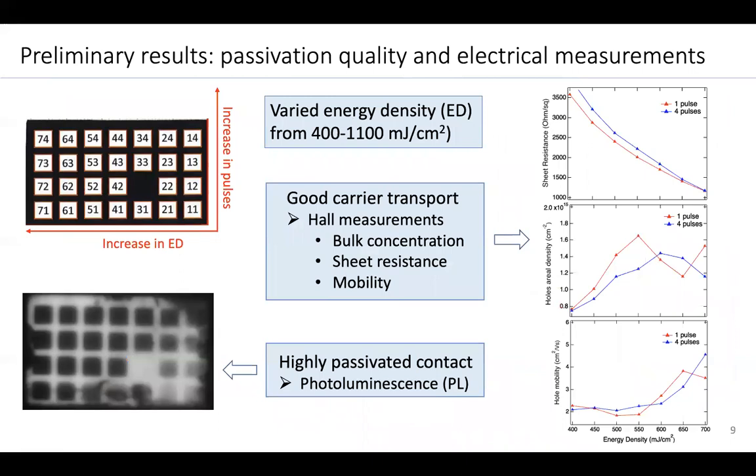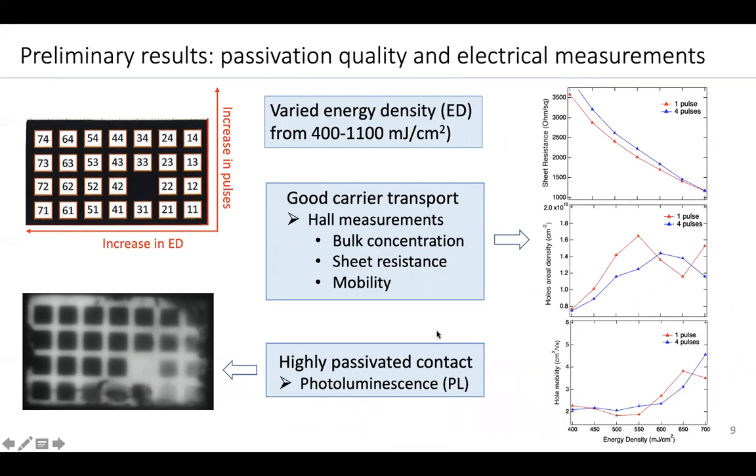From the preliminary results, we tested conventional dopants such as boron and phosphorus, and also the dopant of interest, which is gallium. By varying the energy densities, we are mainly looking at two criteria. One is good carrier transport, and that is done by van der Pauw Hall measurements, which is shown on the right side.